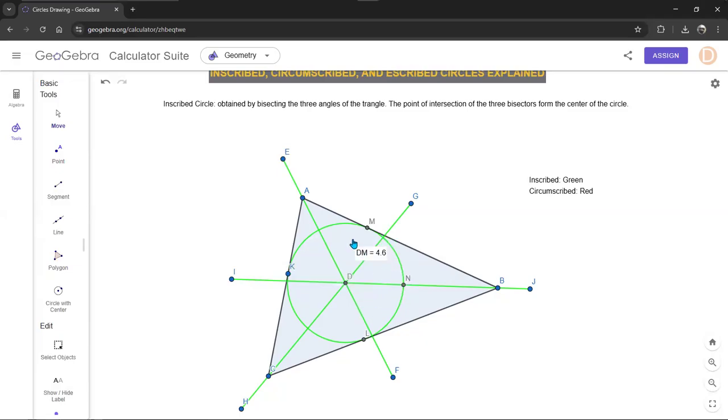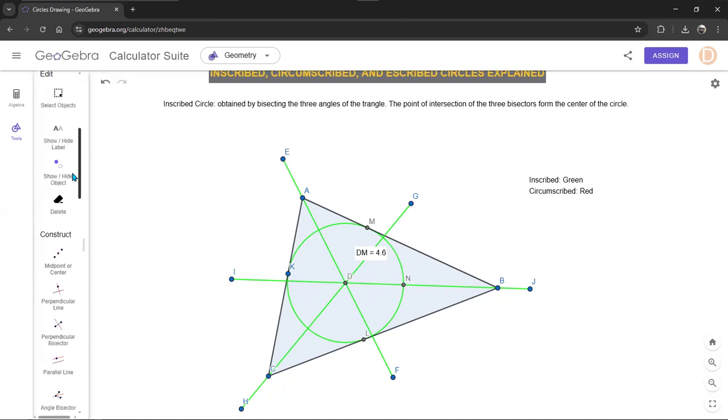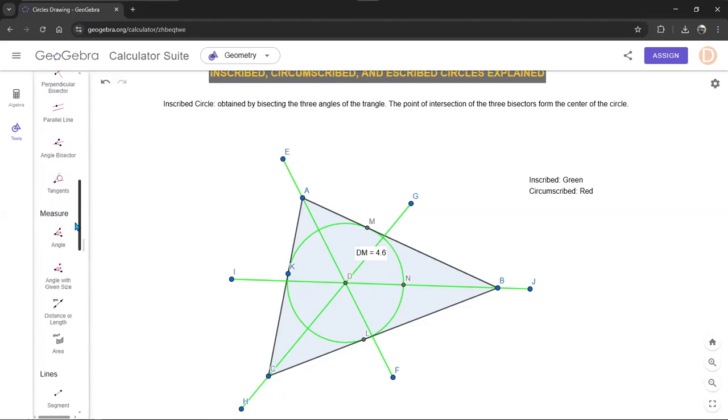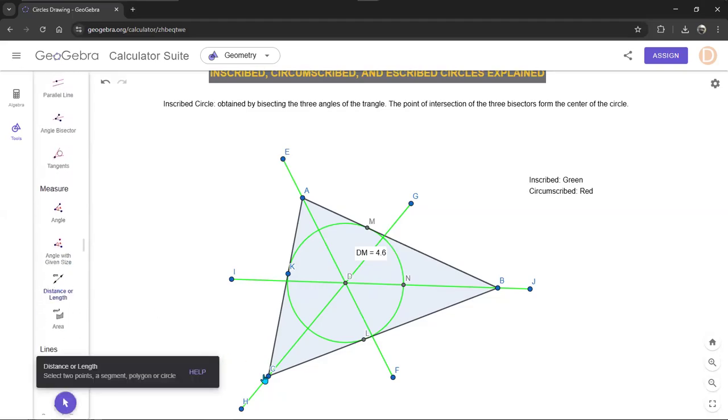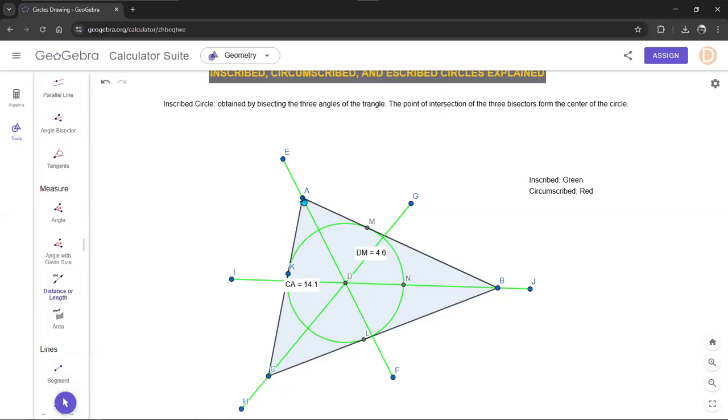Another thing we can do is to have the distances so that we know what our triangle measures, centimeter by centimeter. We start with, say, AC, that is 14.1. We go to AB, that is 17.1. And then finally we have BC, which is 19.5.